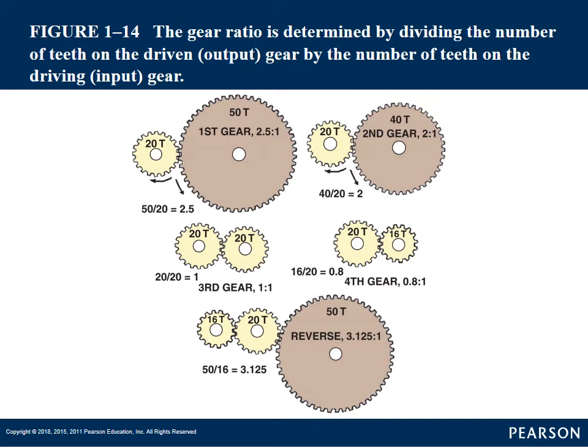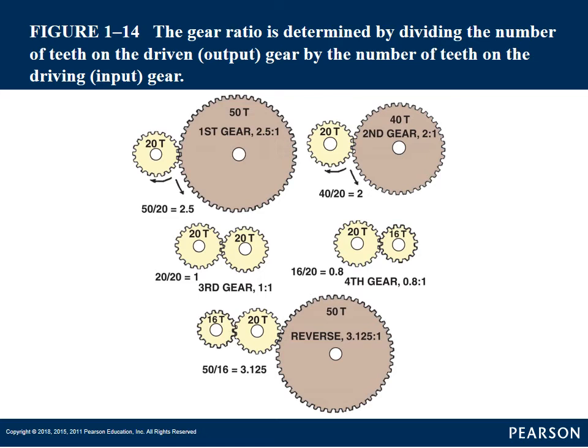In reverse, if we turn our drive gear clockwise, that will actually turn our driven gear clockwise, because now that we have an idler gear, we can get our output gear to move in the opposite direction that it normally would if the drive and the driven gear were meshed together. But when we're figuring gear ratios of, say, reverse, we do not count that idler gear.